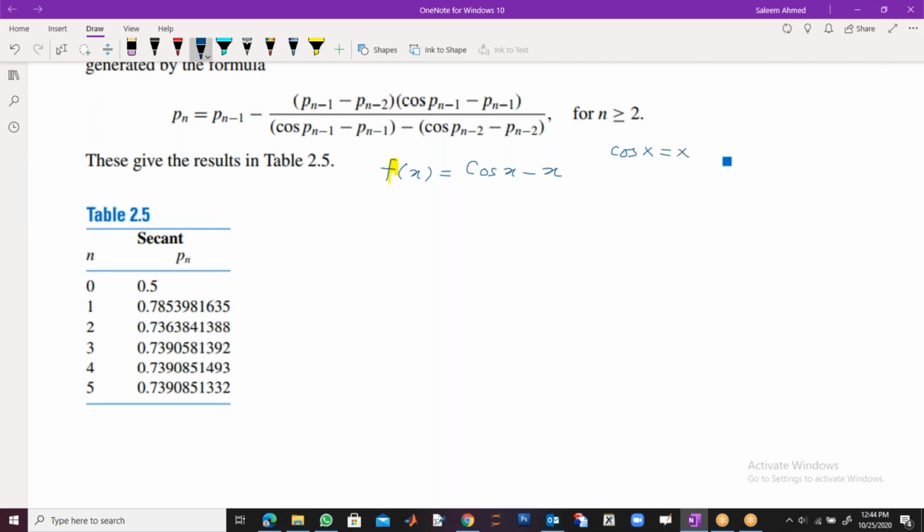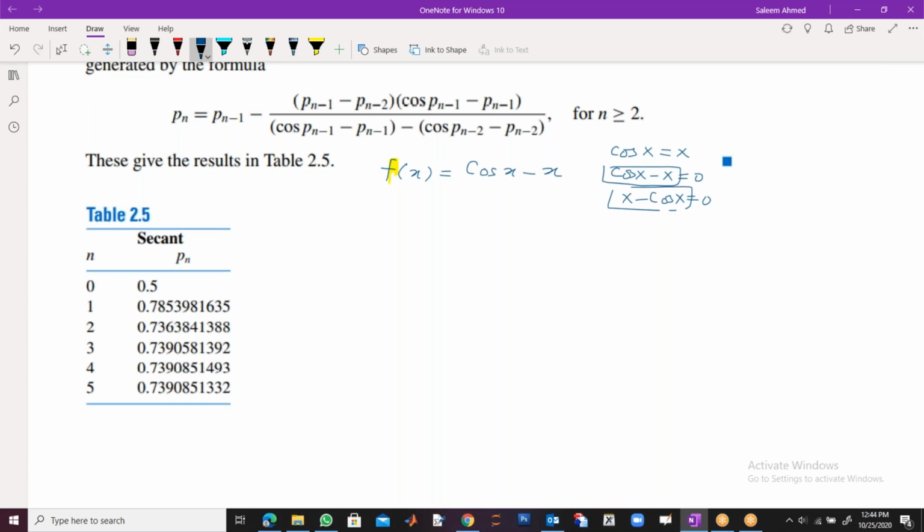This is our function. So basically, either you can write this as cos x minus x equal to 0, or x minus cos x equal to 0. Both are fine. You can take either as your function, both are the same. In this book, they wrote it cos x minus x, so that's why I'm writing like that.